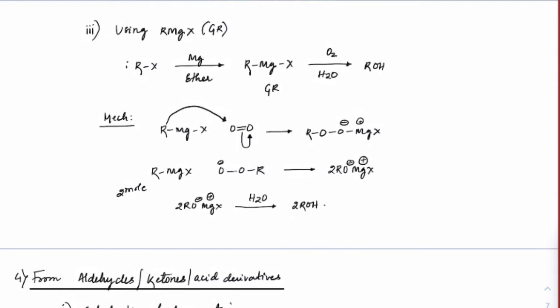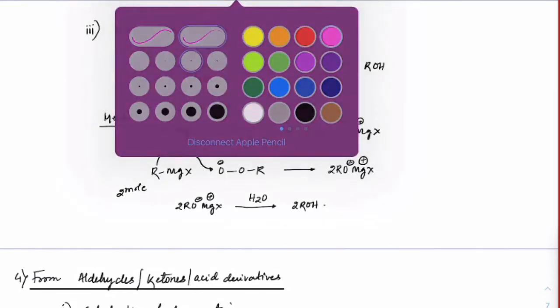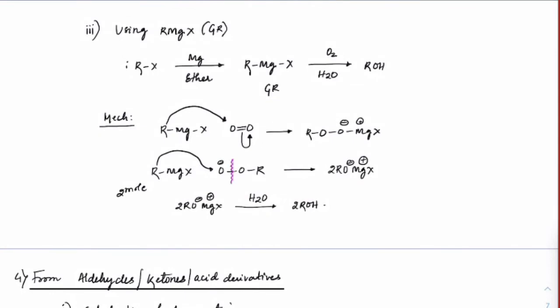again this R minus will attack on the other side, and this bond being weak, peroxy bonds are weak, will immediately break, which means this bond will shift towards this oxygen, and it will give 2 moles of RO minus MgX plus.